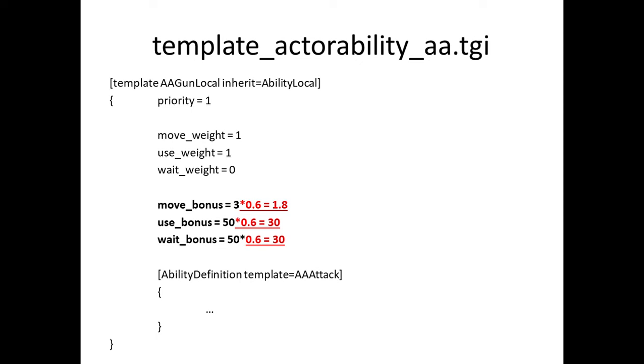The move bonus of 3 becomes 1.8. The use bonus of 50 becomes 30. Weight bonus also 30. That is because the priorities are now realizing they have to contend with the resistances of the target, taking into account how effective this ability will be.